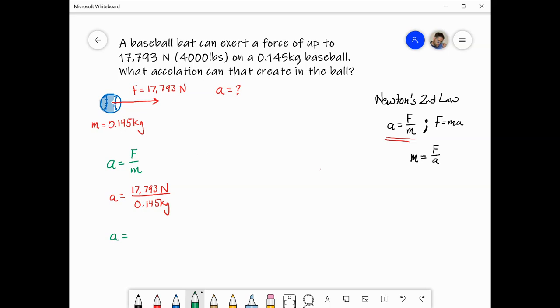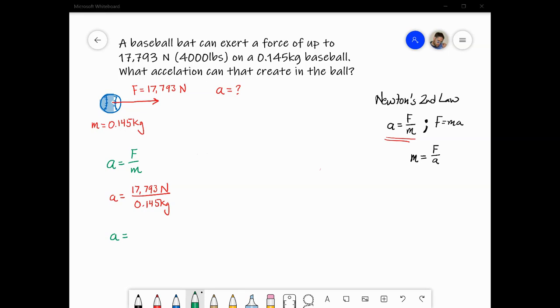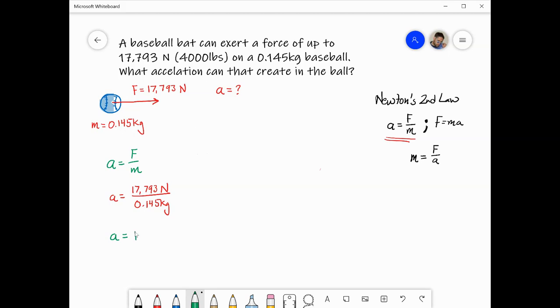17,793 divided by 0.145 kilograms. I'm going to put that in my handy calculator, and I get this number right here, which is 122,710.